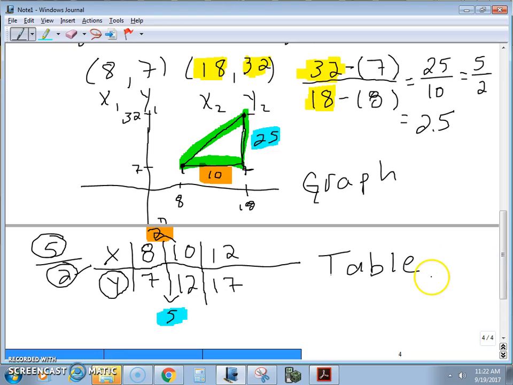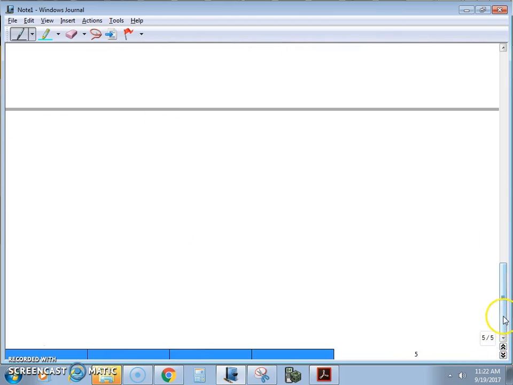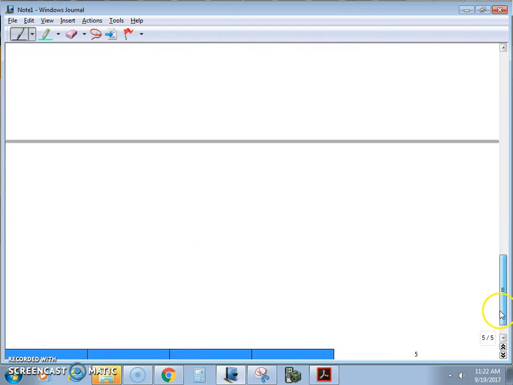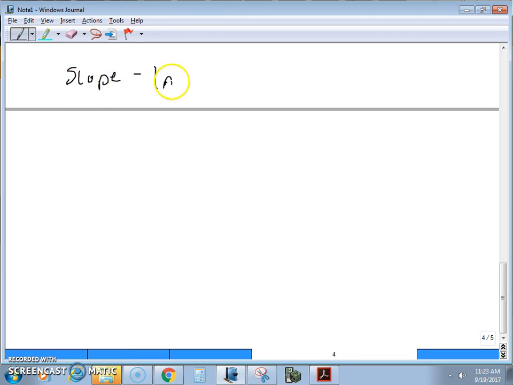All right, so what does this look like in terms of linear relationship equations? There are two major types of equations that we talk about. The first one is one we learned in 6th grade. It's the slope-intercept equation.